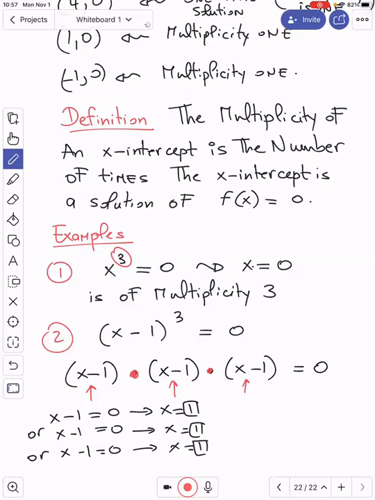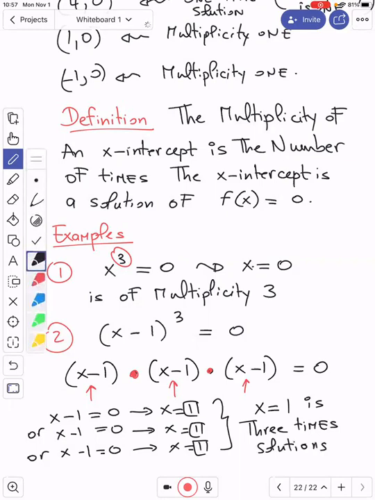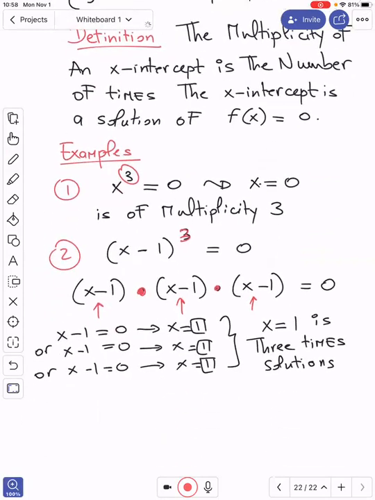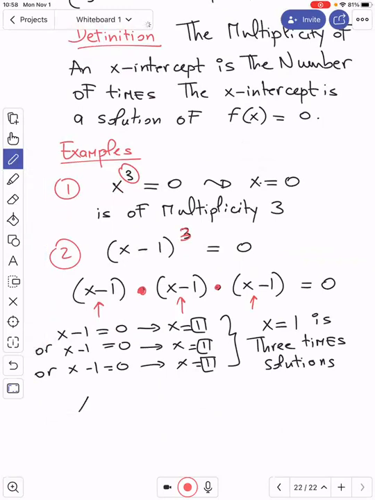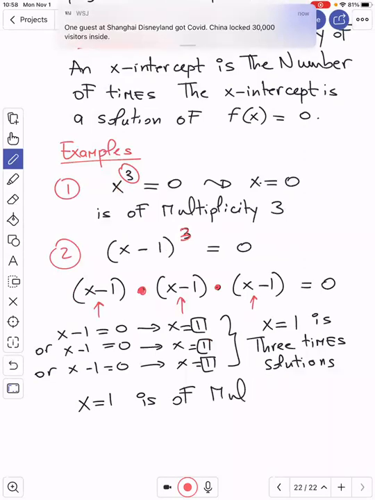It's just one solution, but it's a 3 times solution, just because of this cube. So the solution x equal to 1 is of multiplicity 3.